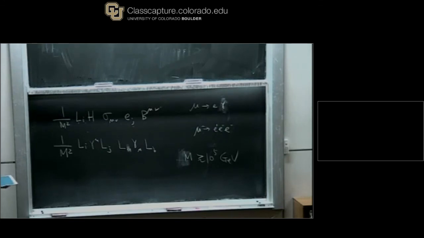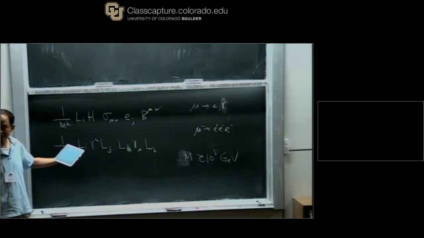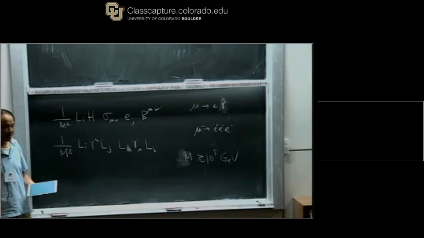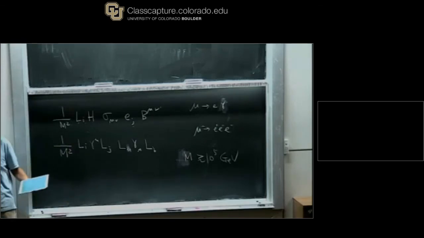Okay. Any questions about this? This is all we want to say about flavor physics. There is mountains of literature in flavor physics, and this is just an overview. So the bottom line is, the standard model has a very specific structure of flavor, and they have been tested very well.